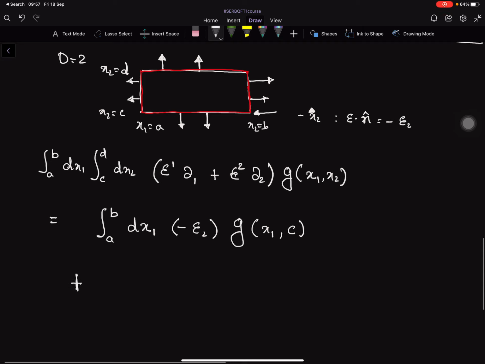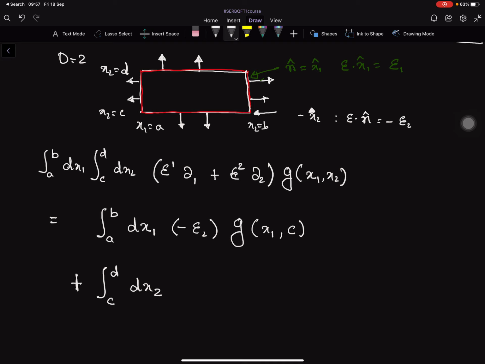Then the second boundary component is, let's say, this one. Along this one, x2 changes from c to d. In this component, the normal is just x1 hat, the x1 unit vector, which means that epsilon dot x1 hat is just epsilon 1.